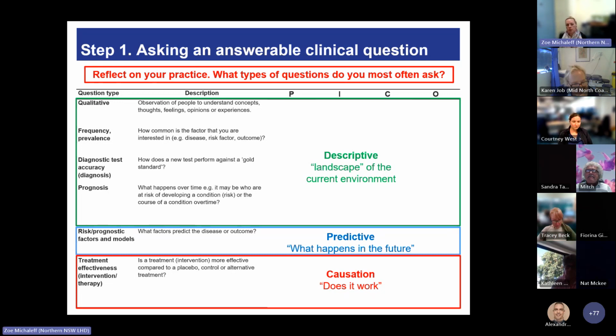So I'd like you to reflect on your practice for a minute and determine what types of questions do you most often ask. And a poll is about to pop up. Have a look in your chat function, or it might pop up on your screen. And I want you to consider, what types of questions do you most often ask in your everyday practice?